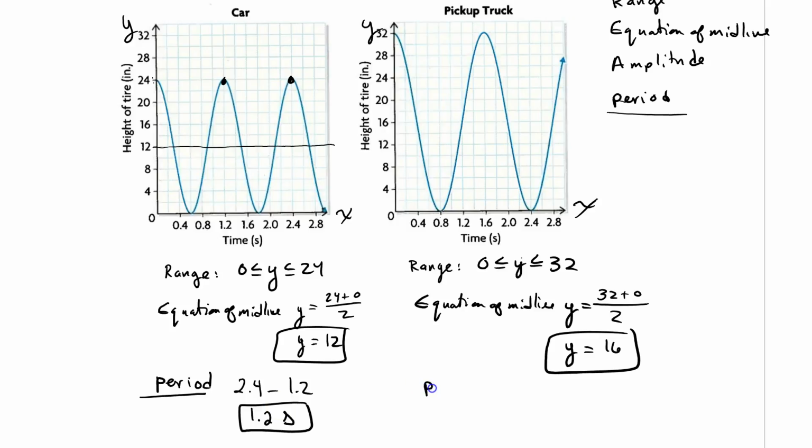What about for the truck? So we can't really go from maximum to maximum. I mean, we could here, but we get too close to data that we don't know. It's very clear that this right here is a minimum and this one right here is a minimum. So let's go with that. So the horizontal distance between them is going to be 2.4 minus 0.8.